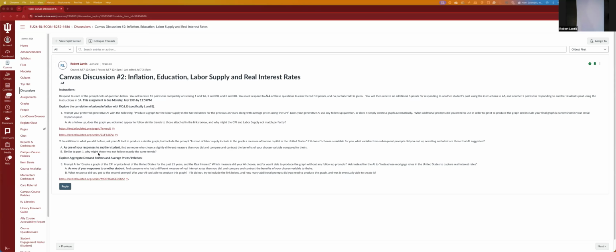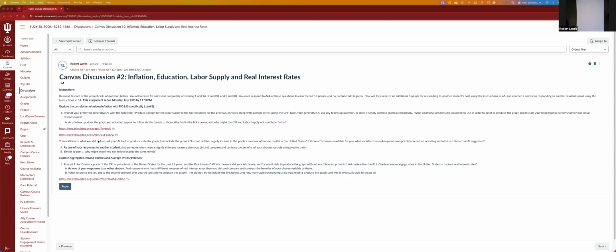Why might the correlation between prices and labor supply and prices and education levels not be exactly one to one? And then in part A for two, because you'll have to choose some measure of education, one of your responses to another student, same idea as the last one: you'll have one initial post and two responses to other students.